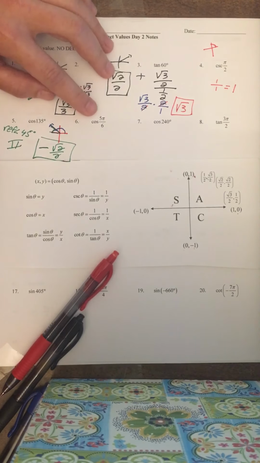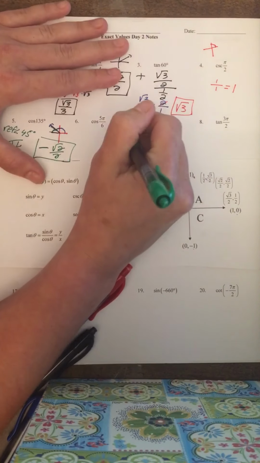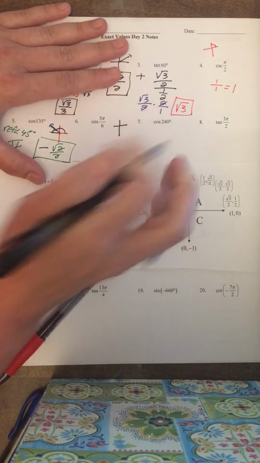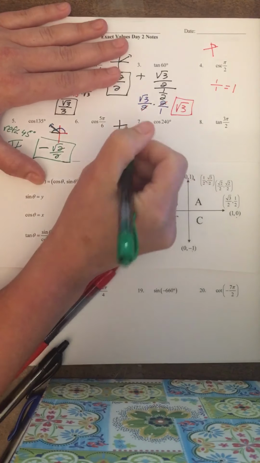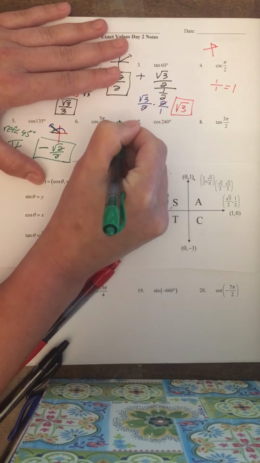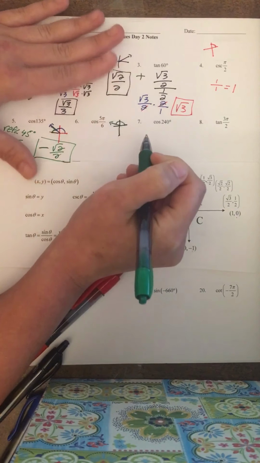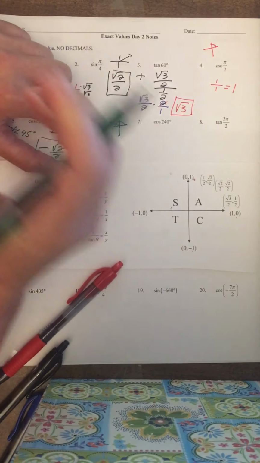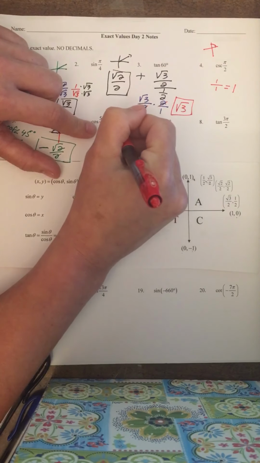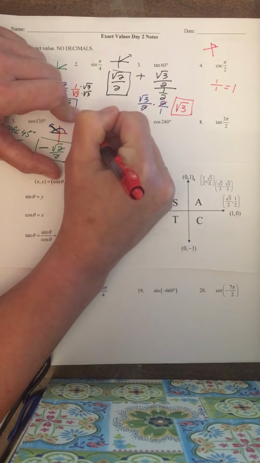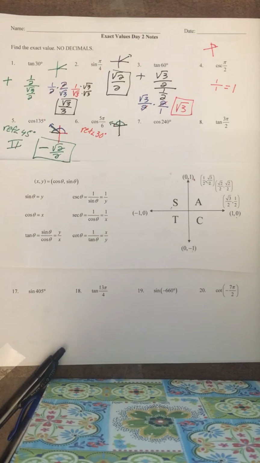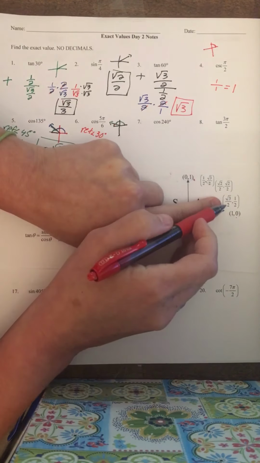Okay, next is 5 pi over 6. So let's think about where 5 pi over 6 is. We know that 6 pi over 6 is 1 whole pi. So it's just shy, or pi over 6 shy, which means, remember, pi over 6 represents a 30-degree reference angle. So our reference angle is 30 degrees. Okay, since our reference angle is 30 degrees, we're going to be looking at this point.